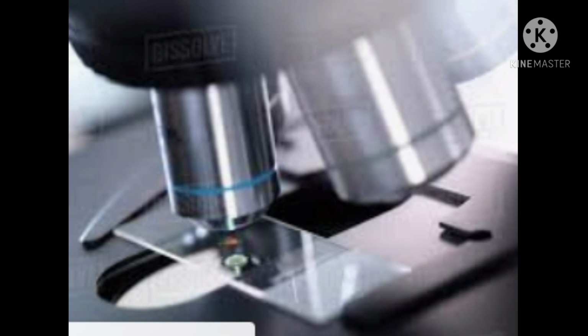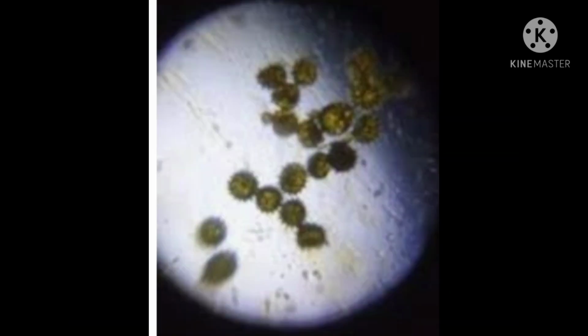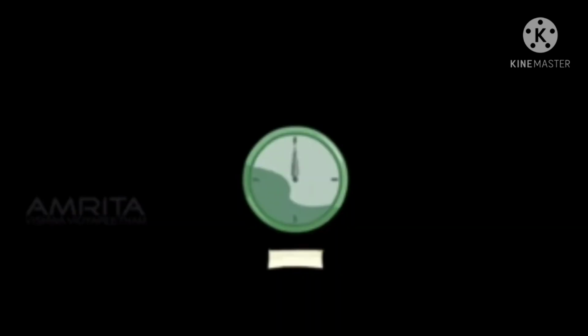Adjust your microscope until you can see a proper amount of pollen grains like this. So now after adjustment of the microscope, you can see a clear amount of pollen grains. Now it's time for the calculation of the total number of pollen grains. You can see here the total number of pollen grains is 17.